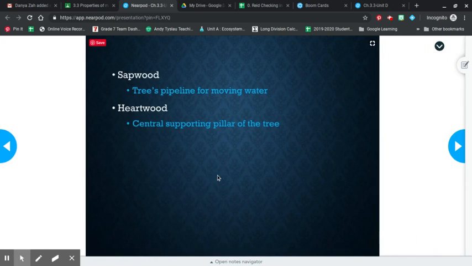You also have the sapwood, which is the pipeline for moving the water. When rain falls or when someone waters the tree, it allows the tree to get all of its water. And then the heartwood, which is the central supporting pillar of the tree. Kind of like the heart is the muscle that needs to keep pumping to keep you alive, the heartwood is supporting the tree to also stay alive.